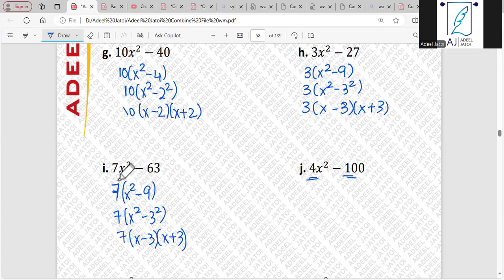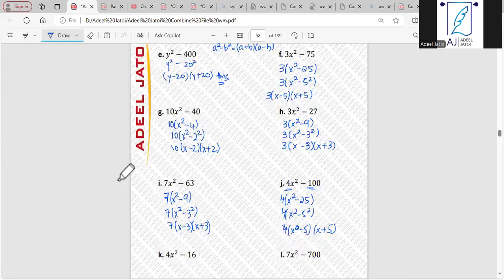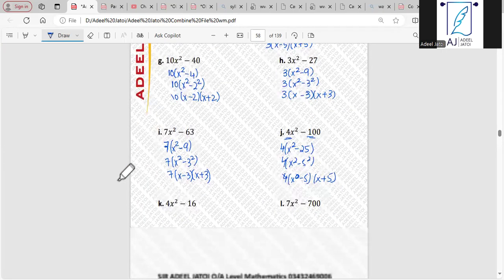Then we see 4 as common, so this becomes x square minus 25, which is x square minus 5 square: 4 times x minus 5 and x plus 5. So these are all the parts E, F, G, H, I and J.